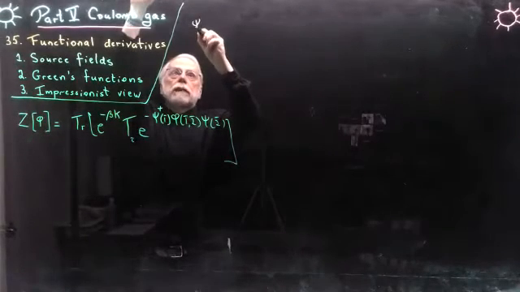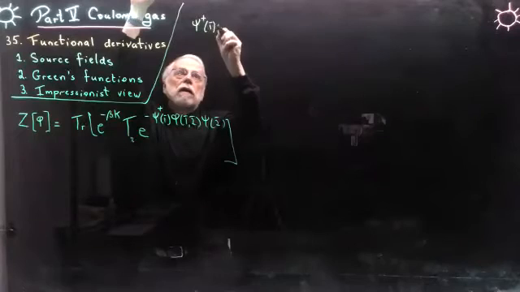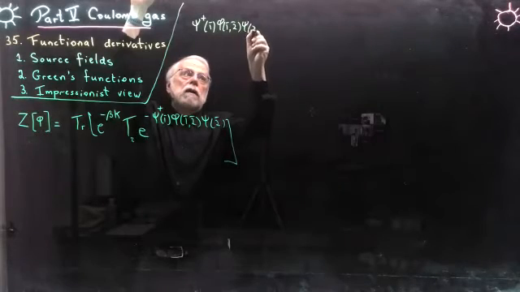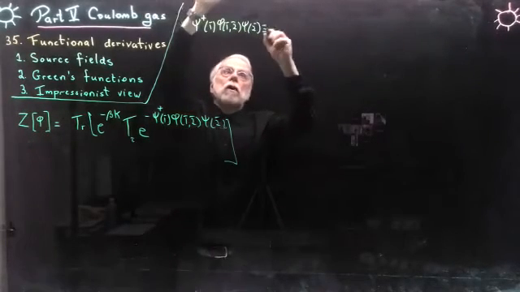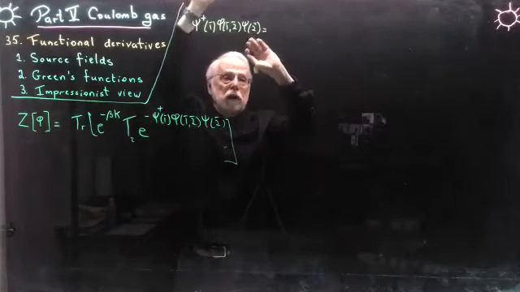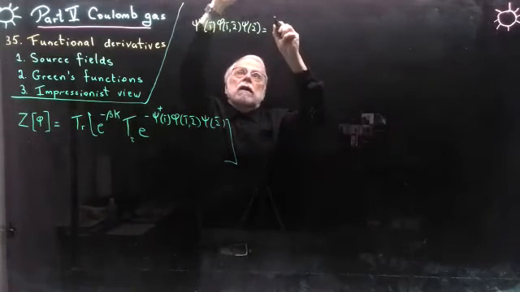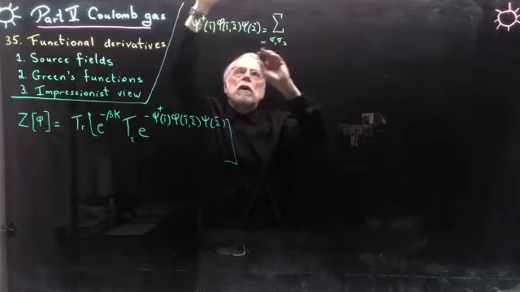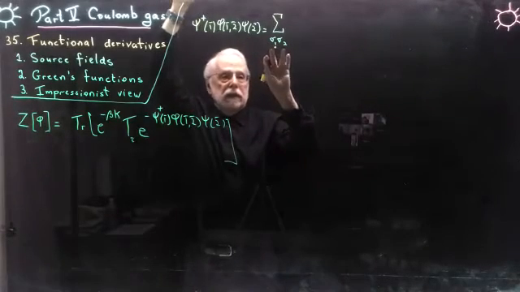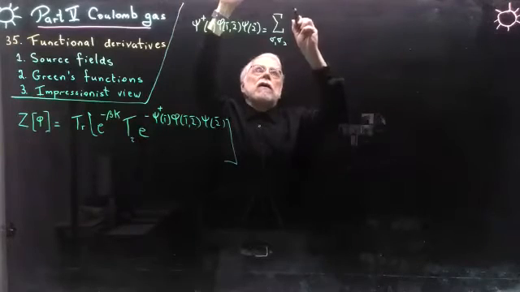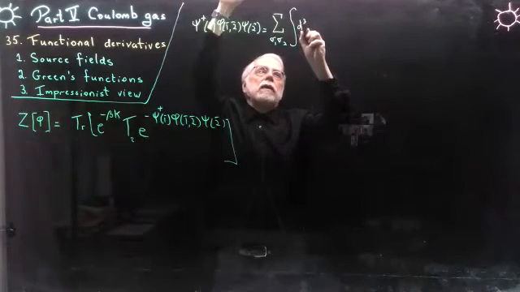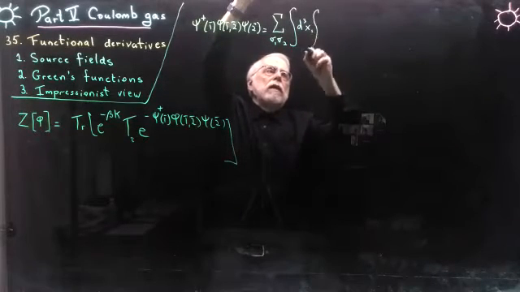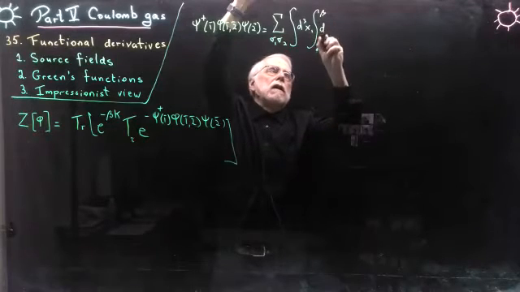So what is psi dagger 1 bar, phi 1 bar 2 bar, psi 2 bar? The bar means that I need to integrate over and sum over everything in sight. So I will sum over spin indices, sigma 1, sigma 2. These field operators have the spin indices sigma 1, sigma 2. They are defined in space, so I have d cube x1, and there's some imaginary time dependence, so I have the integral from 0 to beta d tau 1.